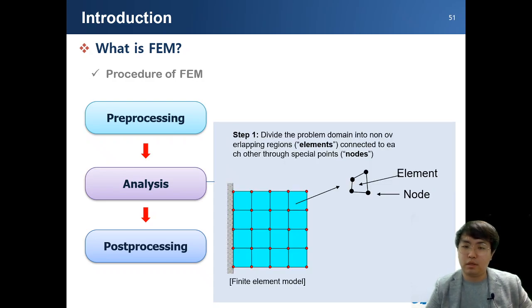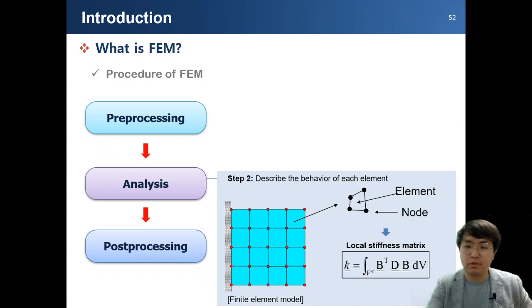Next, in the analysis step, we define a single element first. This is the theory of the FEM method, where we will learn how to define the physics equation in the single element, so that the result is described in matrix form. After obtaining the local stiffness matrices, this equation always uses integration, because this is a weak form equation.